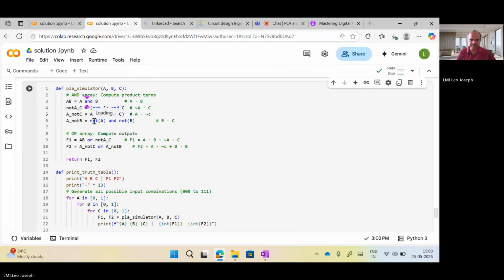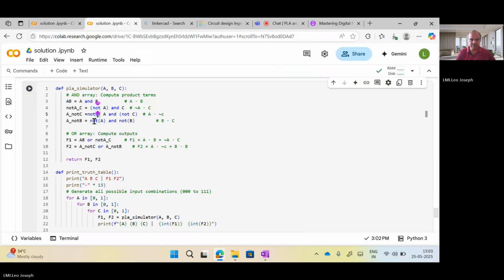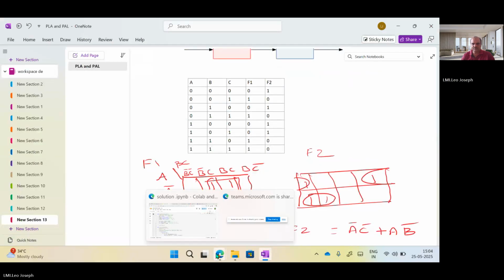Okay. Now it is correct. A bar C bar plus AB bar. Right.